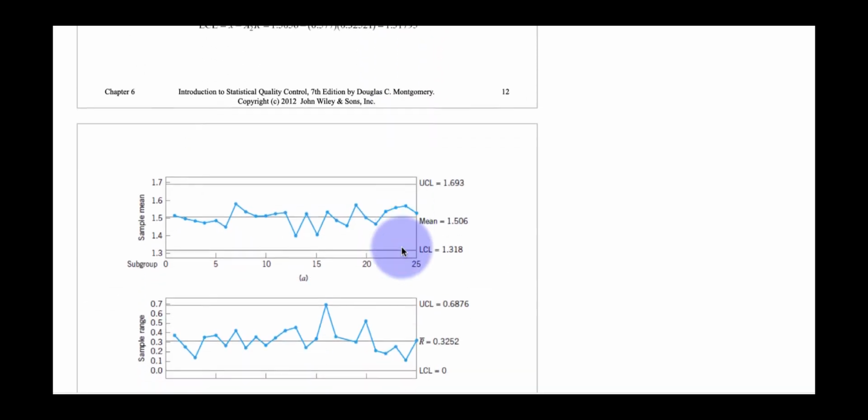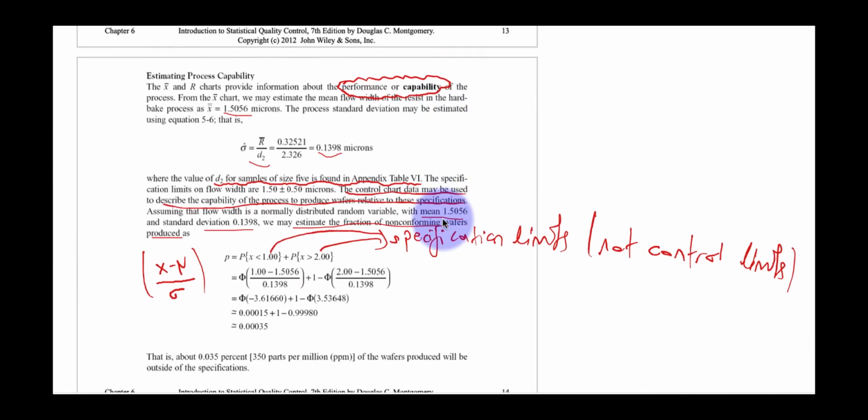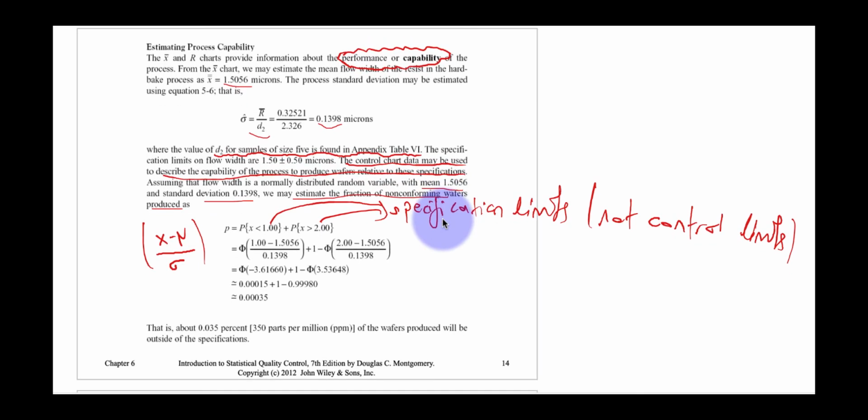When we plot them in the graph, we see that there is no out of control point on both control charts, so we can conclude that the process is statistically in control. Okay, so there is also another utility of using control charts.